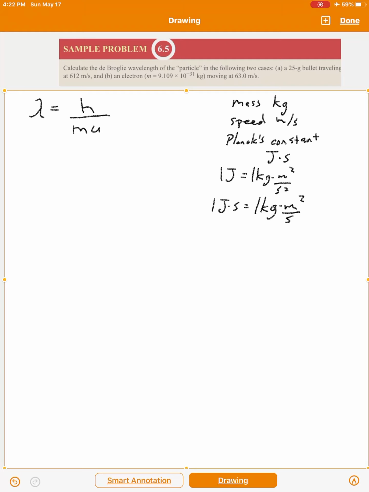Okay? So let's go through it. We've already got h. You may not remember the value, you have to look it up. 6.626 times 10 to the minus 34, again, kilogram meter squared per second, right? So that's the units of h.